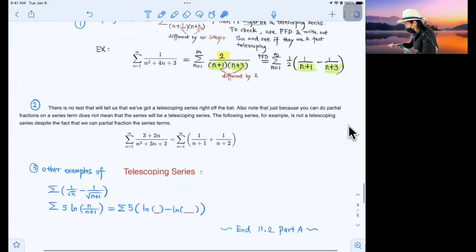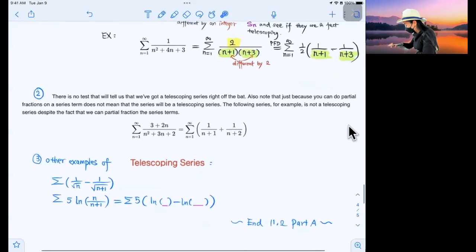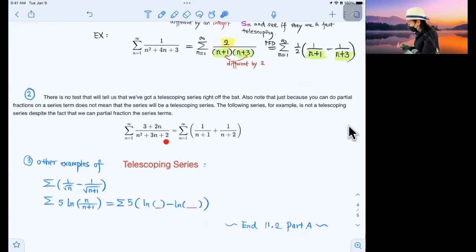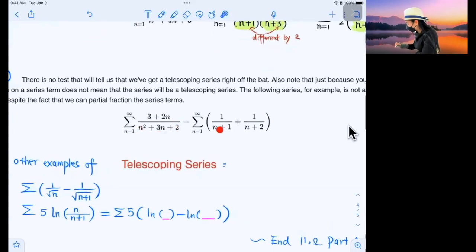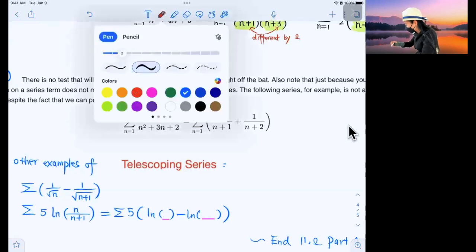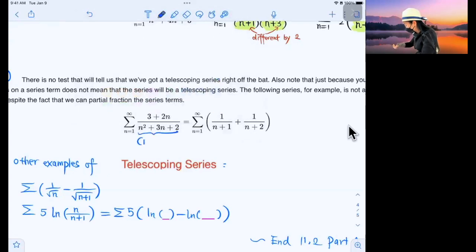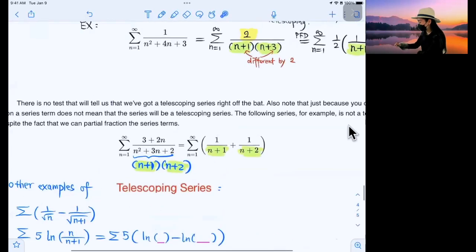Another observation here is sometimes if you do the partial fraction decomposition, for example, like this one here, the denominator is what? This is n plus 1 times n plus 2. They differ by 1. When I do the partial fraction decomposition, it turned out to be this plus this. Do you think it's going to cancel in between? Yes or no?